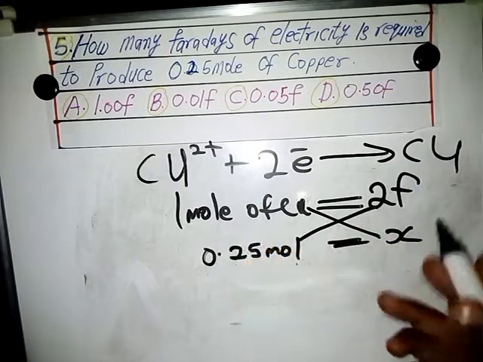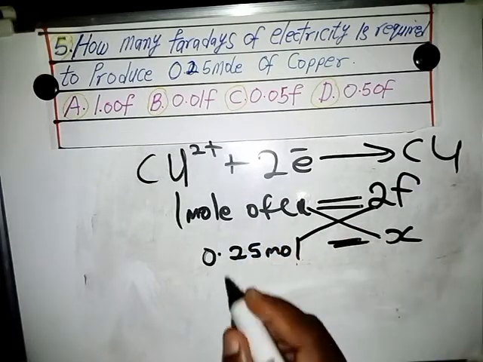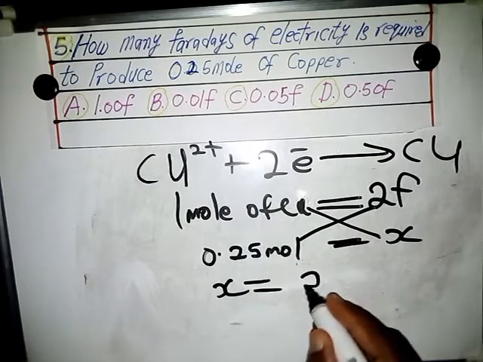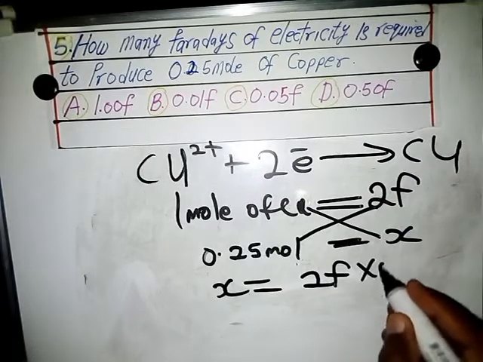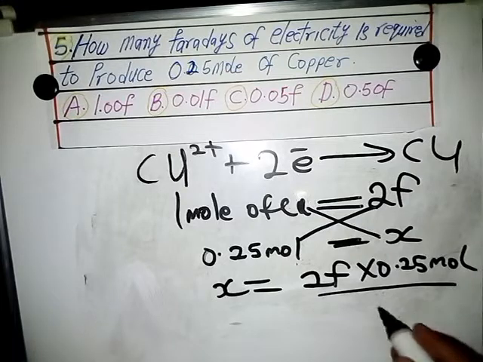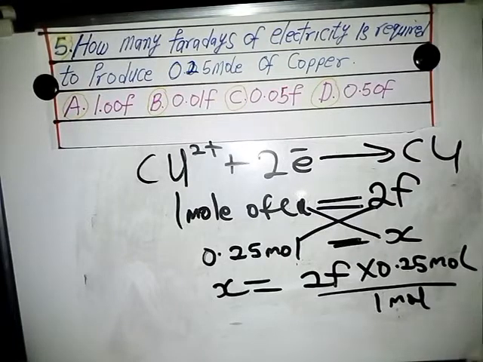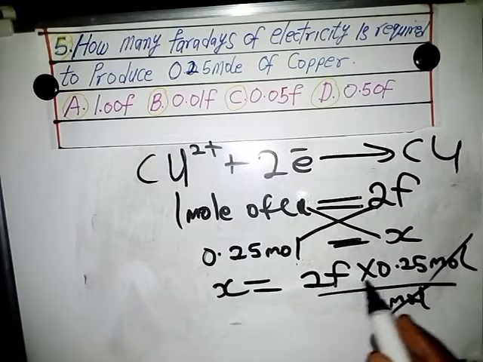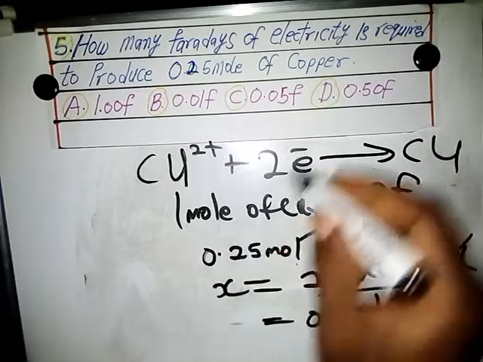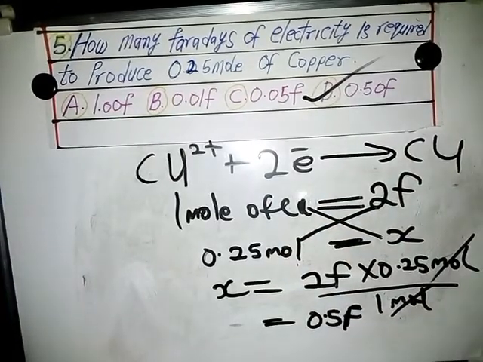X will now be equal to 2F times 0.25 mole over 1 mole. Of course, mole will cancel mole. 2F times 0.25, you will get 0.5 Faraday, which is D.